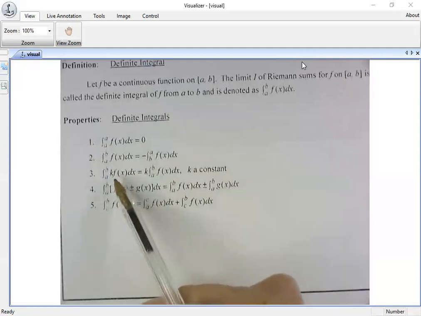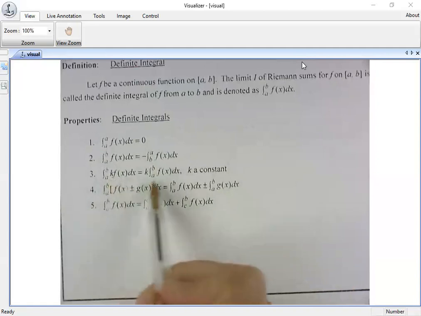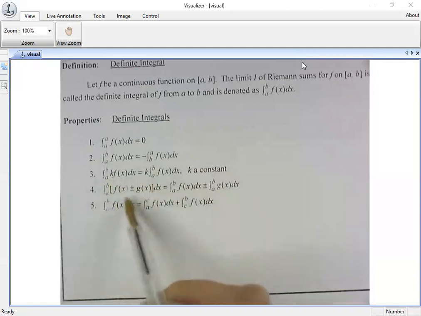Now, this one we've already been using, because if there's some sort of constant in front of the function, what did we say we could do with it? We could kick it outside the integral sign. In other words, we can do the integration for the function, and then we just multiply times the constant when we finish, okay? This is the same thing we've been using too.